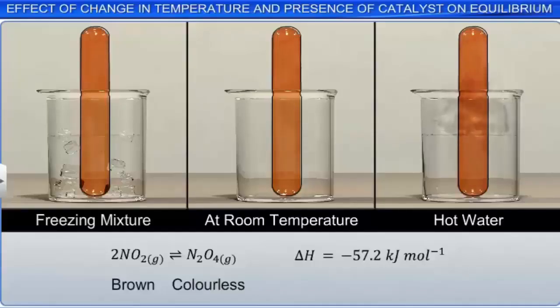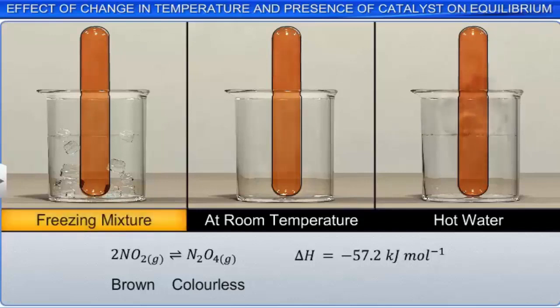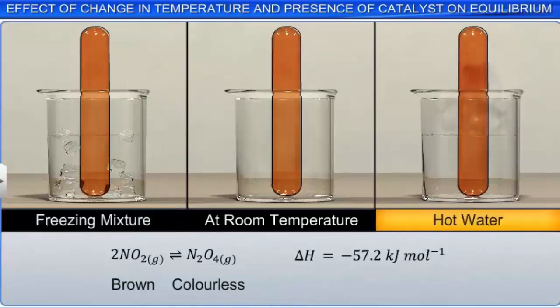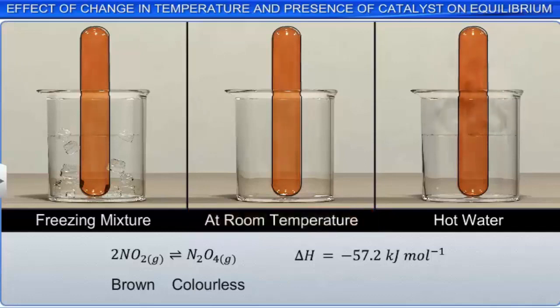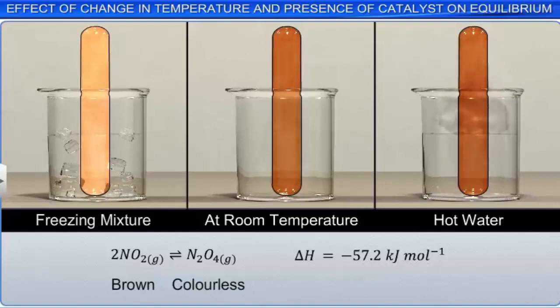Now, out of the three sealed tubes, one is placed in a freezing mixture, one in hot water, and one is left at room temperature. What do you observe? You can see that the tube placed in a freezing mixture has turned pale, while the one placed in hot water has turned dark brown.